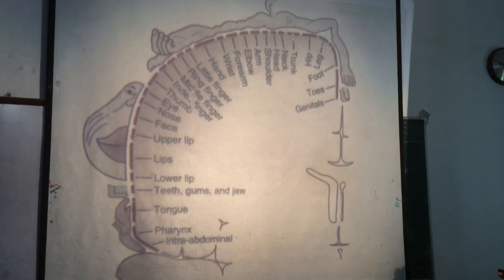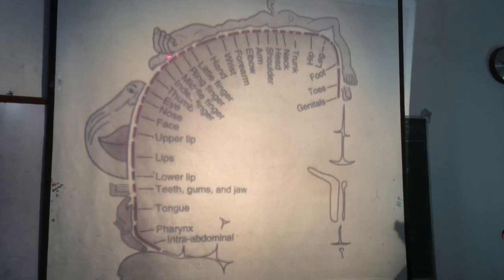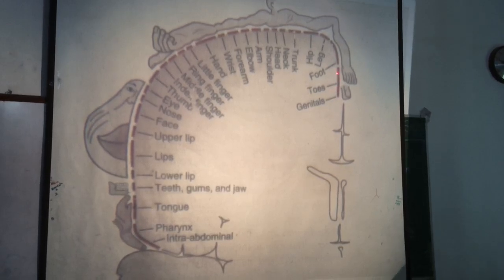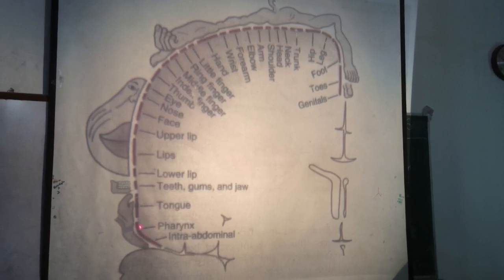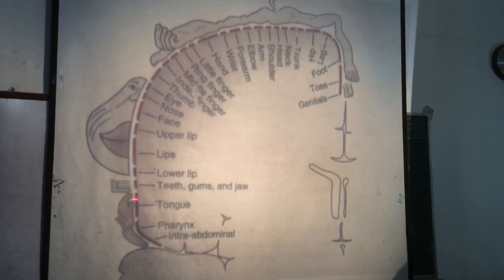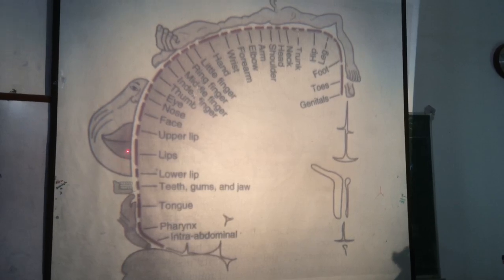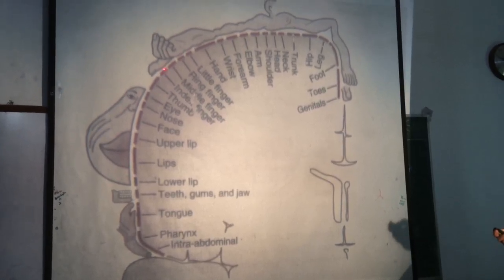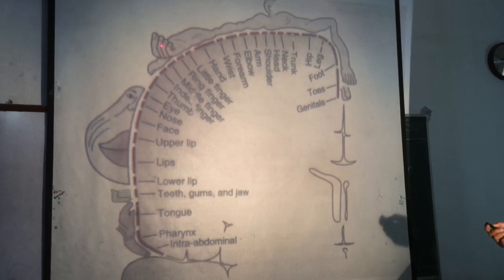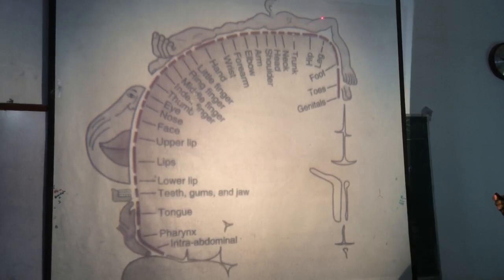You see the motor homunculus. This is the lateral surface of the cerebral hemisphere, and the medial surface. On the lateral surface, in the lowermost part, you see the tongue, then lips and jaw, of course face, then thumb, fingers, hand, arm, trunk, thigh, leg, and foot.